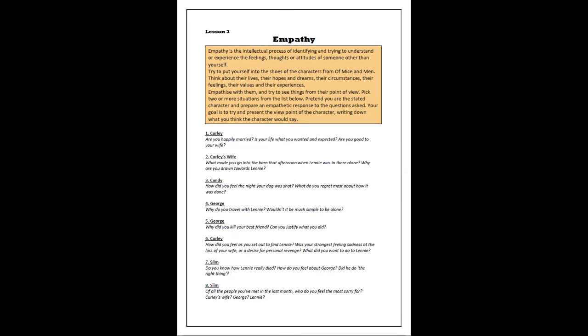So have a think about some of the things that they say. For example, if you're looking at George, you might want to think about some of the phrases he uses. You might want to use words like "that crazy bastard," or talk in a very frustrated, protective way.